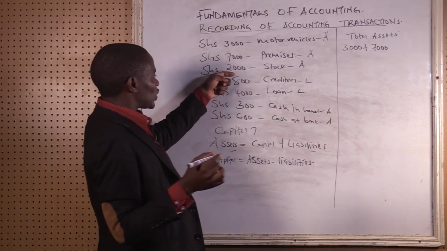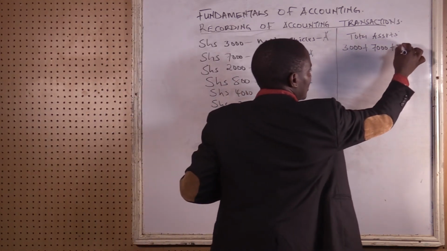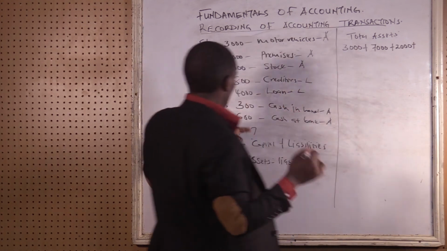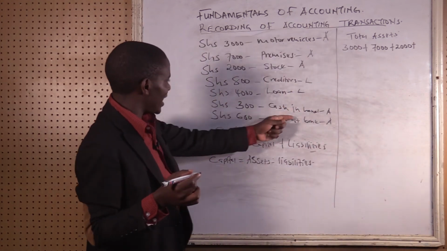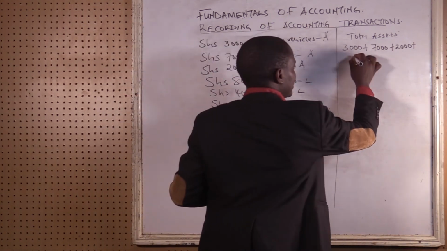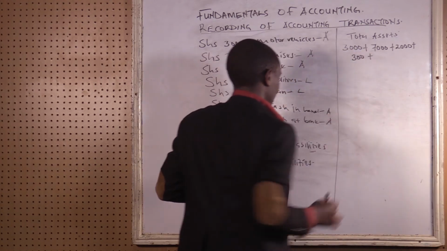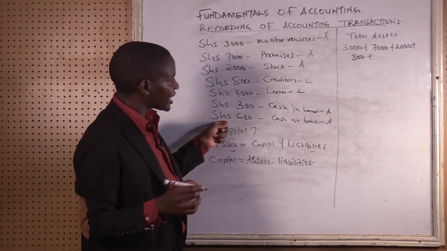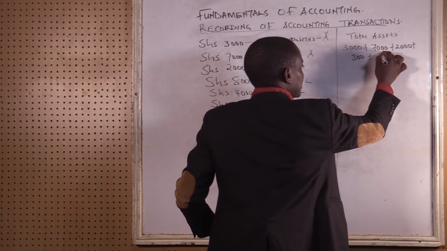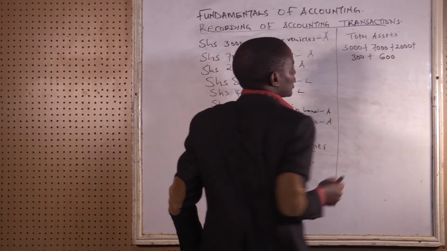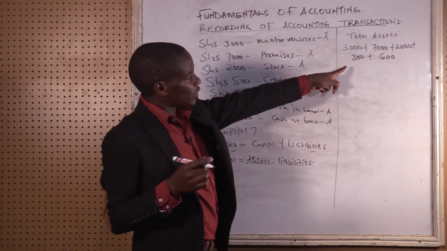We add stock, which is 2,000. We had cash in hand, which is 300. We had also cash at bank, which is 600. So we add them together. So what do we get?